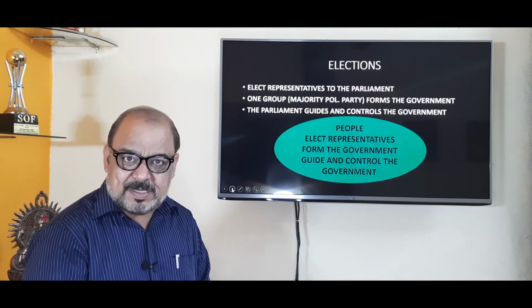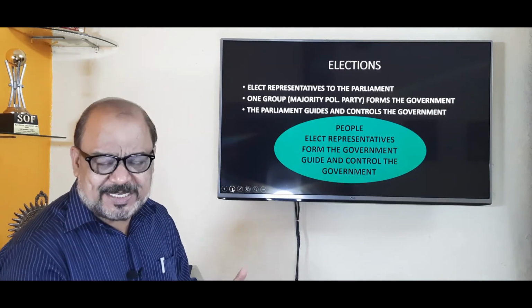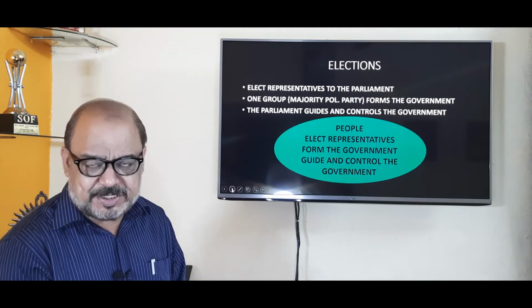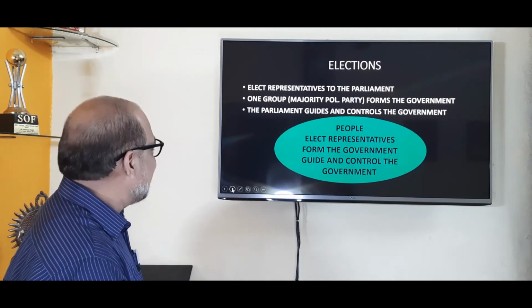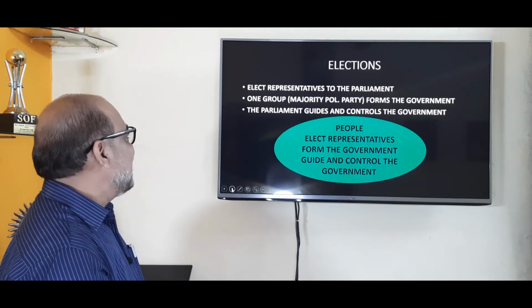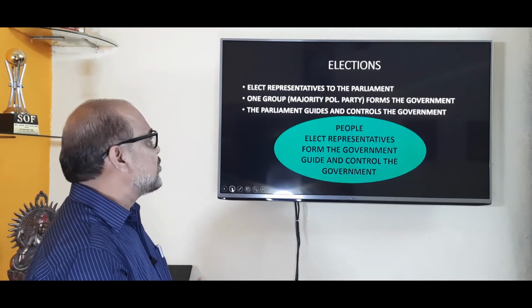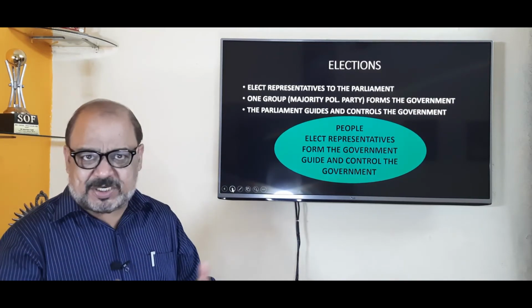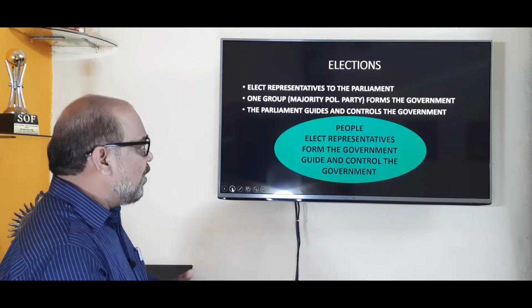Elections. Let us see some points about elections in a democratic country, in a parliamentary form of democratic country. The first thing is, through elections, people elect representatives to the parliament. And one group, that is the majority political party, forms the government.